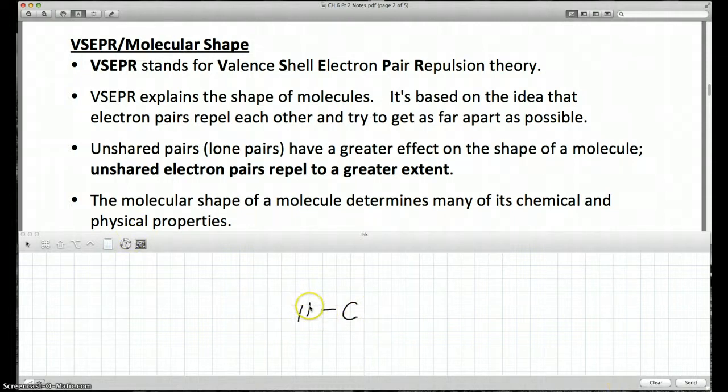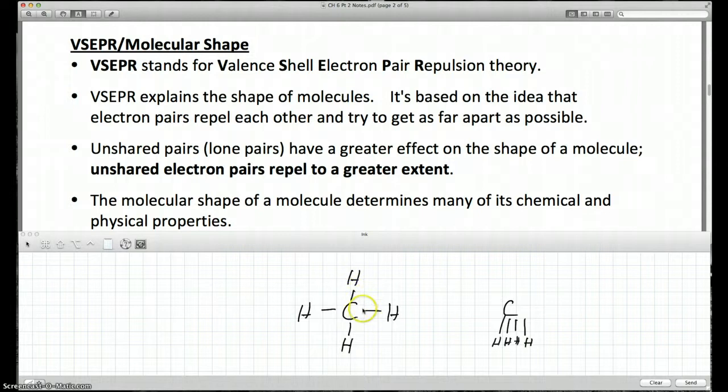So if I draw CH4, I've done this enough. I know that it adds up to 8. And the final Lewis structure looks something like that. The reason I didn't draw it like this is because, remember these lines? The line represents 2 electrons that are being shared. Well, VSEPR says these electrons repel each other based on the rule that we use in chemistry, opposites attract and like charges repel.